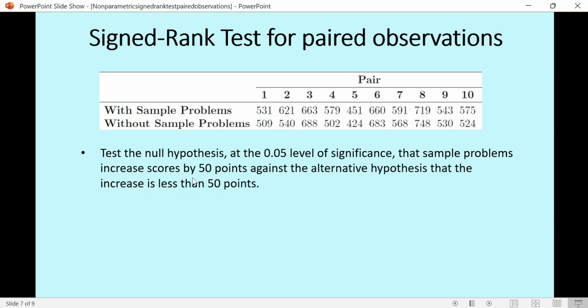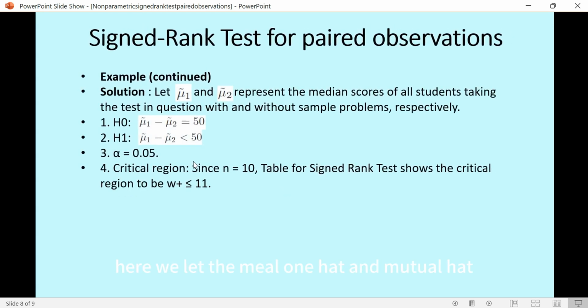Here we let mu1 hat and mu2 hat represent the median scores of all students taking the test in question with and without sample problems. Then the null hypothesis is mu1 hat minus mu2 hat equals 50, and the alternative hypothesis is mu1 hat minus mu2 hat less than 50. The significance level is 0.05.